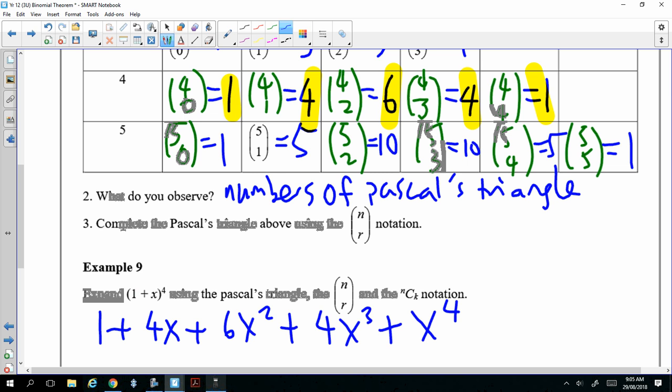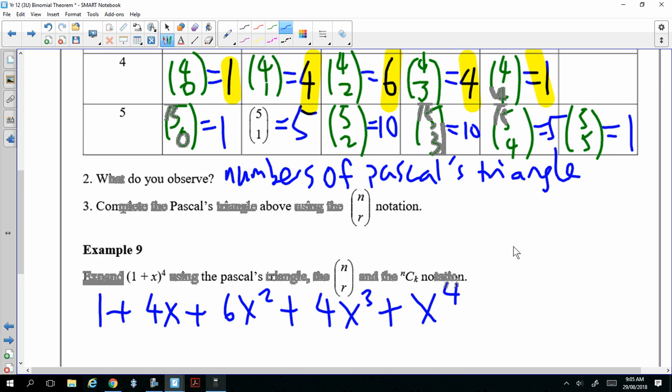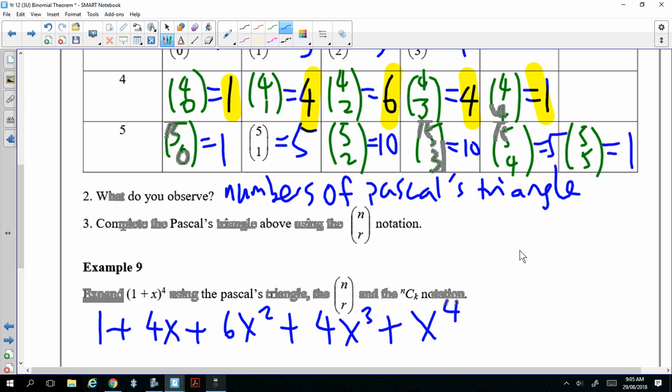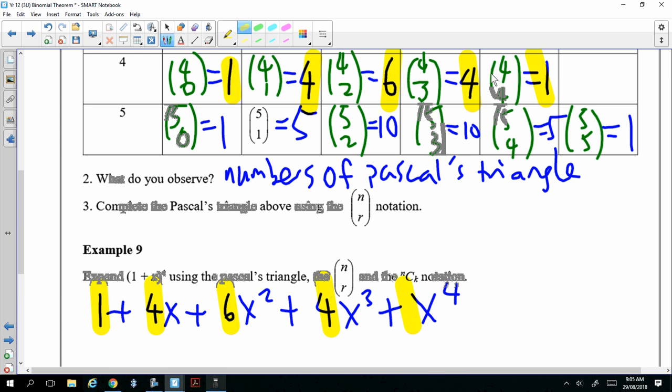Like that. So basically I've used the numbers that I just highlighted, 1, 4, 6, 4, 1 to expand 1 plus x power 4.